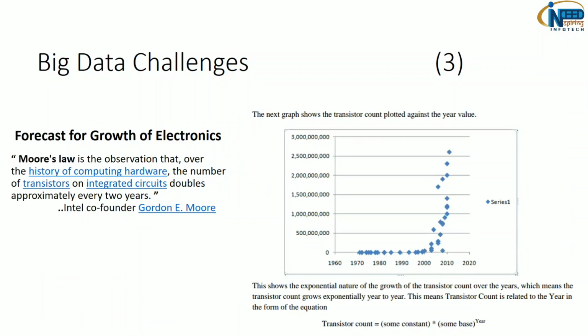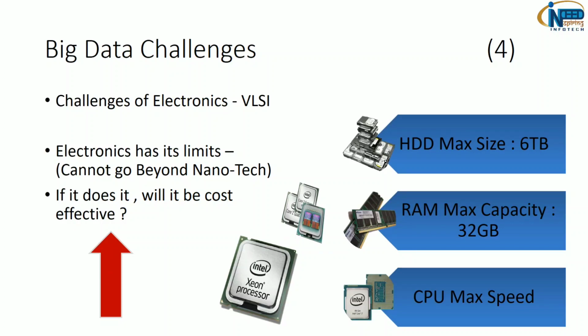There is a law called Moore's law. It says that the number of transistors on the ICs, integrated circuits, keeps on doubling every 2 years. But there is a saturation point. It cannot happen always, right? So this is a time where we are facing a saturation limit. Next could be nanotechnology, but nanotechnology is not affordable by all companies in terms of cost.